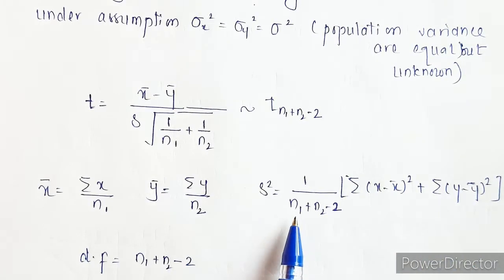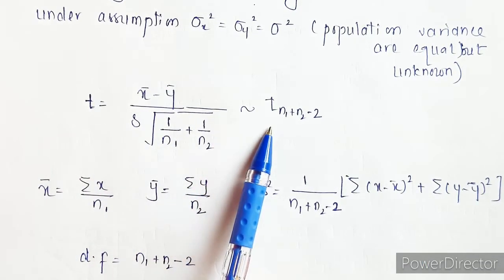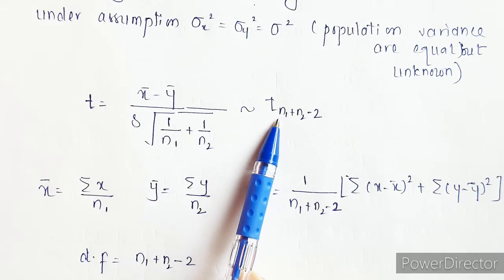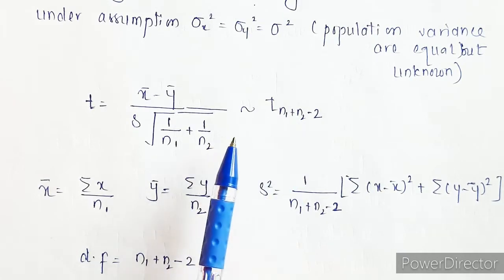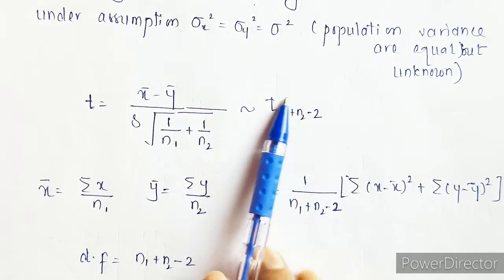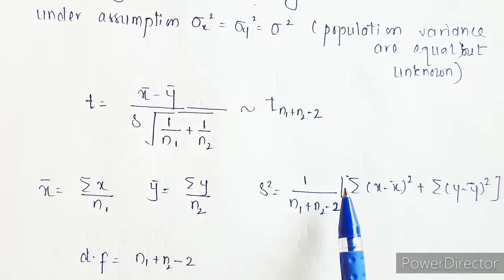Here n1 is the number of samples drawn from the first population and n2 is the number of samples drawn from the second population. And this t follows a t distribution with n1 plus n2 minus 2 degrees of freedom.